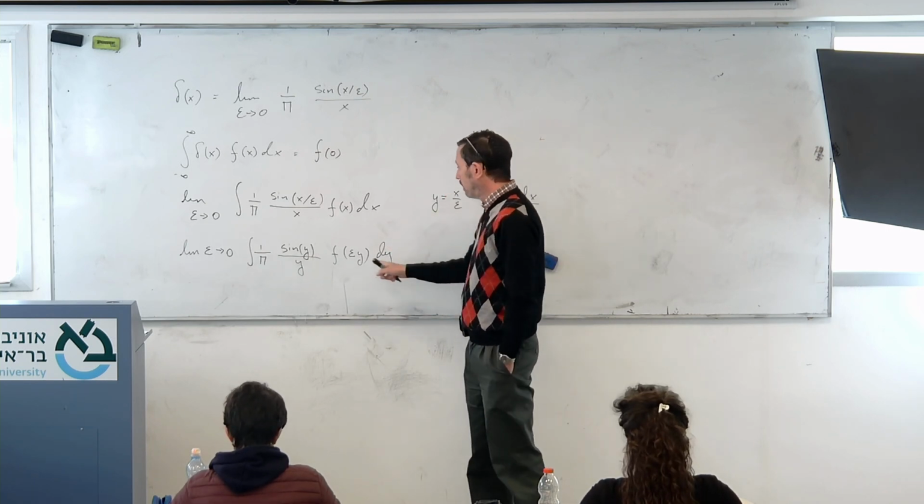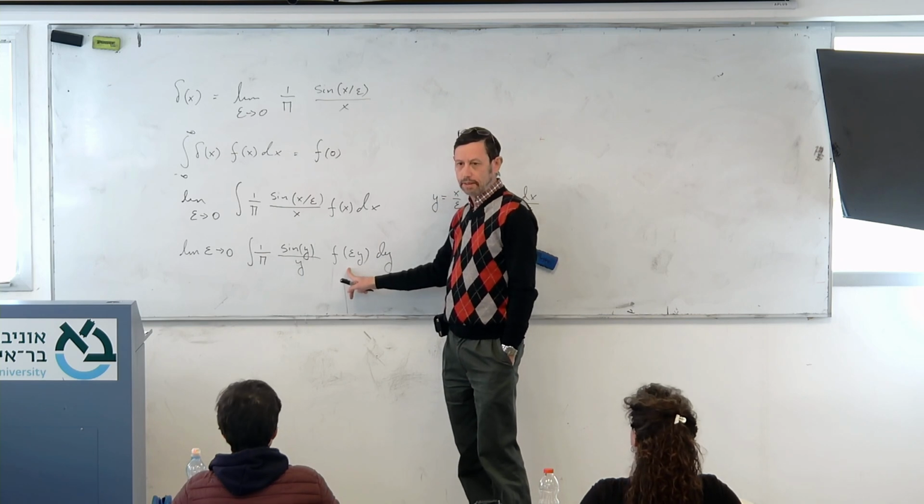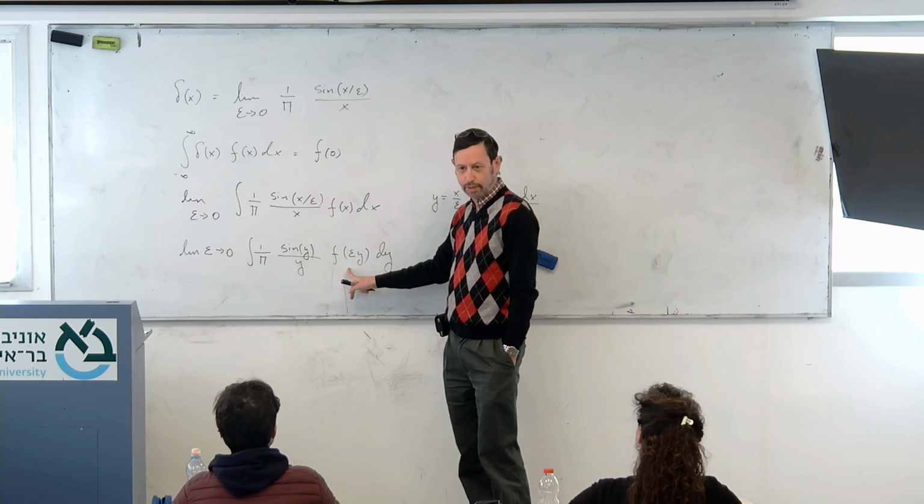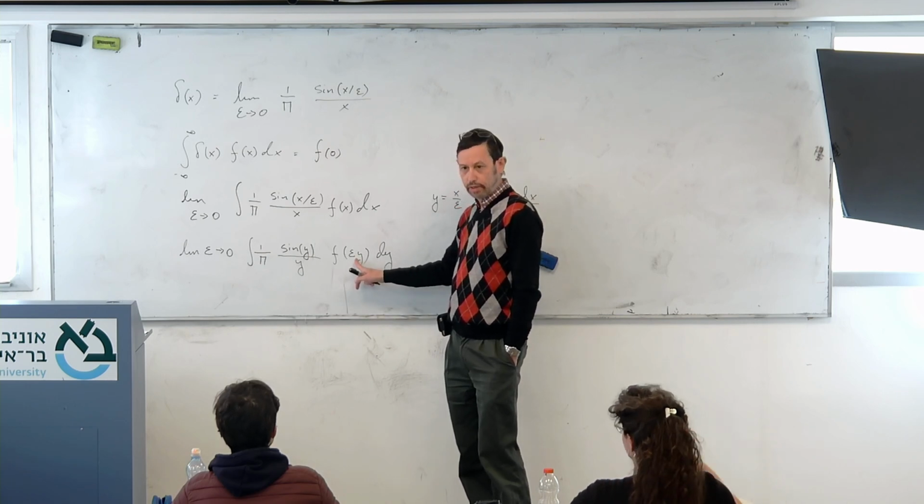Okay. Now I take the limit, and it doesn't matter if epsilon is positive, negative, or whatnot. If it goes to 0, this is f of 0.